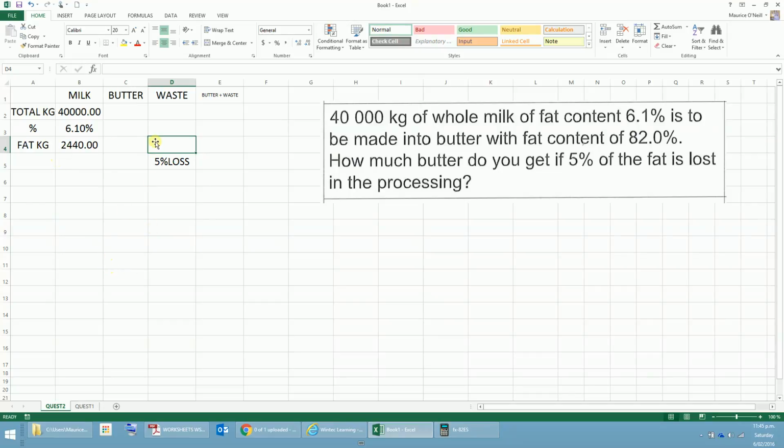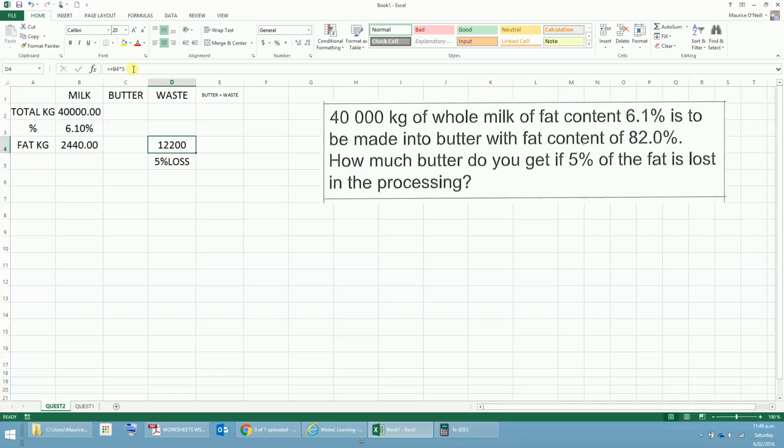So that loss, the 5% of fat, must have come from the 2,440. So we just go plus that there times 5 equals, and that should be 5%.